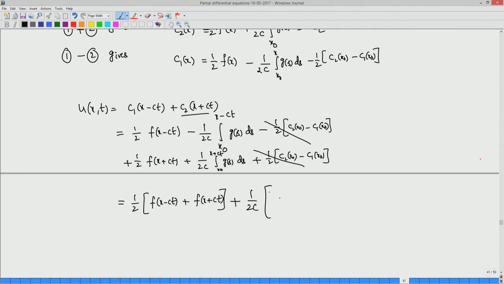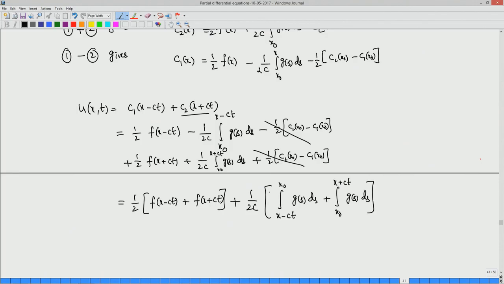What you have here is the first term; it was actually minus, it is going to be plus when you write x minus ct to x naught, g(s) ds, and this one you have from x naught to x plus ct, g(s) ds.